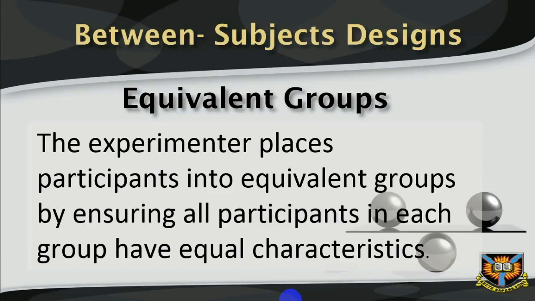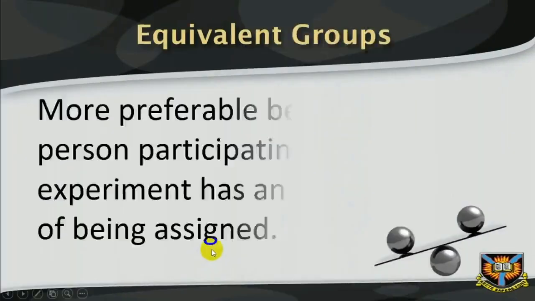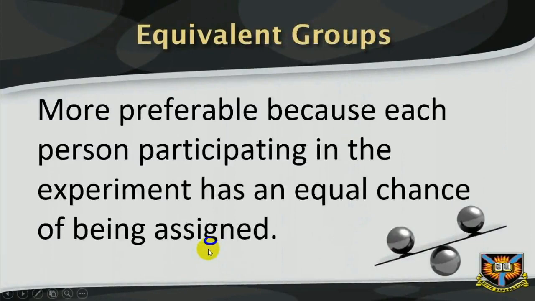A more common technique used to ensure that equivalent groups are formed is randomization. Randomization means that each person participating in an experiment has an equal chance of being assigned to any particular group.